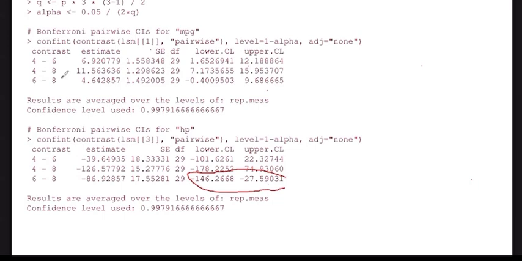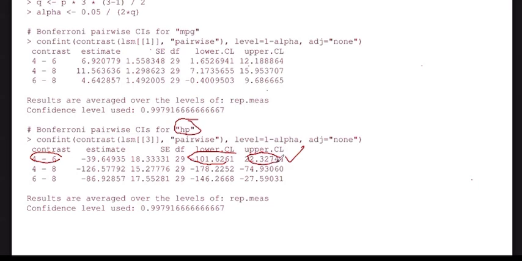Does that make sense? As far as HP is concerned, there's no difference between four and six cylinder engines. For 4 to 6, no difference, because the lower bound is negative and the upper bound is positive, so zero lies in the interval.